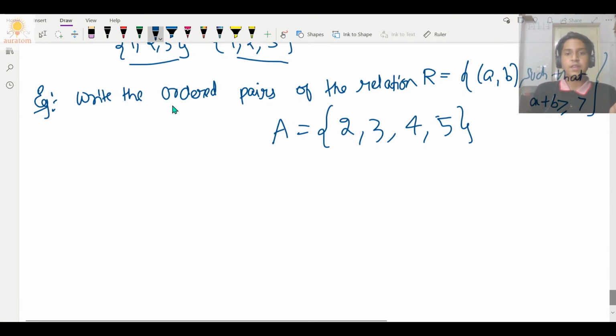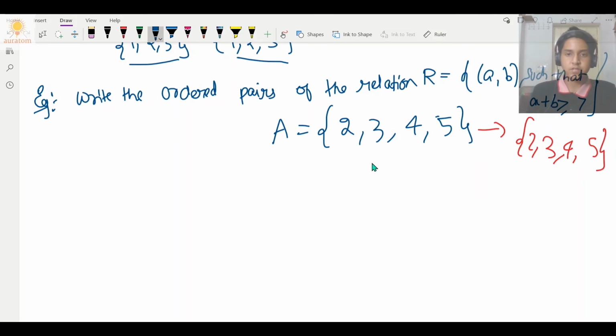So basically we need to take the set A and relate it to itself, and we need to write the ordered pairs of these two sets such that the elements in the ordered pair (a, b) satisfy the condition a plus b greater than or equal to 7.